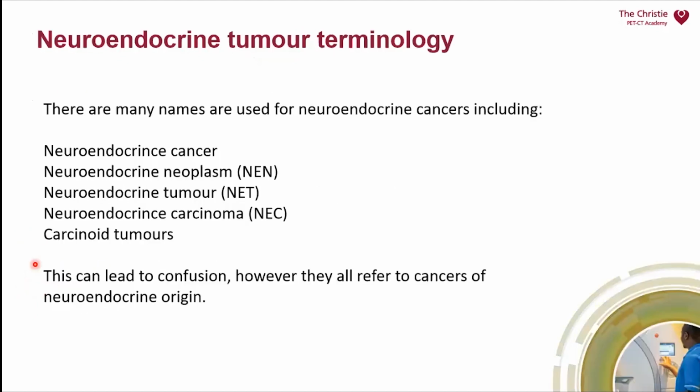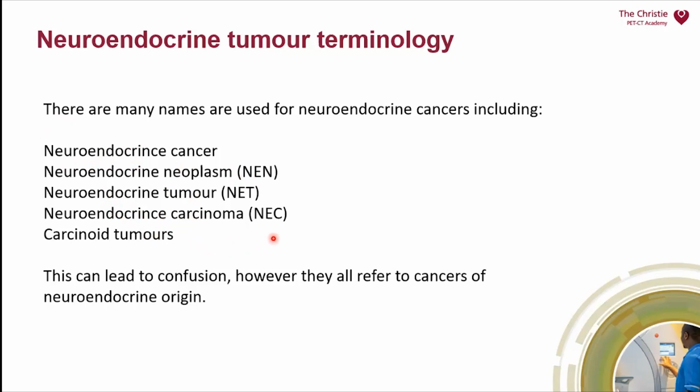The second thing was just that the terminology around neuroendocrine tumours can be extremely varied and used quite loosely. All sorts of different names get used by different people. For the purpose of this talk, these names include neuroendocrine cancers, neuroendocrine neoplasms or NENs, neuroendocrine tumours, neuroendocrine carcinomas and carcinoid tumours.